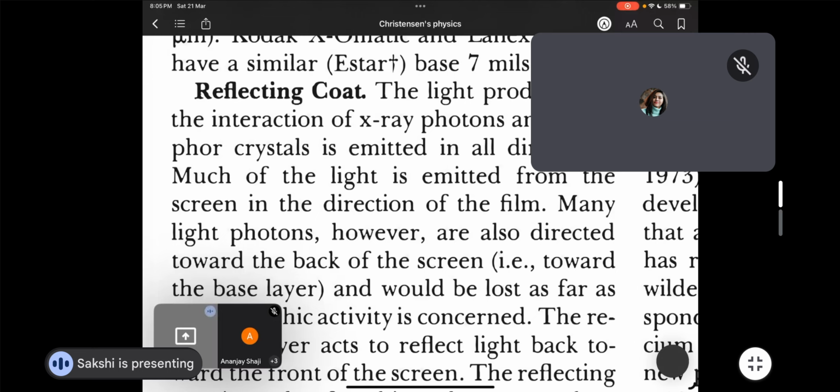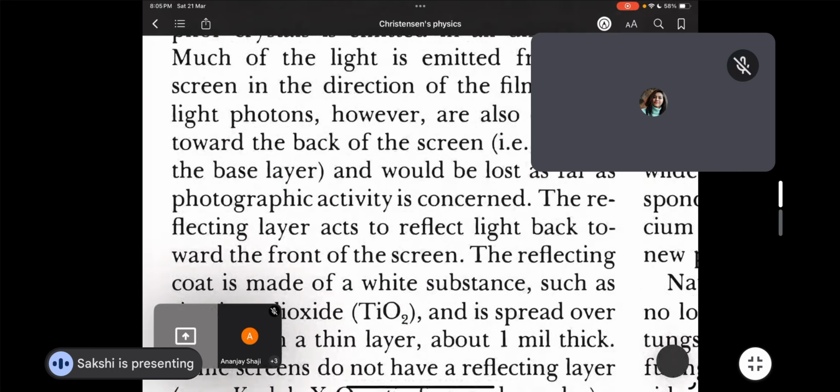So much of the light is emitted from the screen in the direction of the film, but some of the light is also towards the back of the screen, that is towards the base layer, and obviously it will be lost. So there will be information loss. Because of that information loss, your signal to noise ratio will be hampered, right?